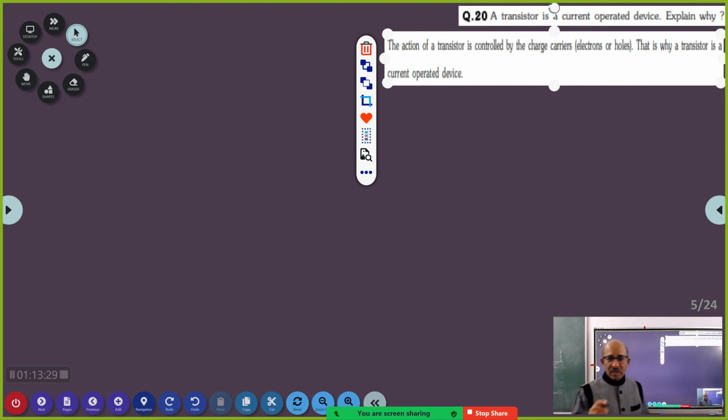Right? When the emitter-base junction is forward biased and the collector-base junction is reverse biased, in a transistor, the majority carriers in the emitter region enter the base region, and most of these majority charges in the base region become minority charges. Because of the reverse biasing of the collector-base junction, they move into the collector zone, overcoming the high resistance that exists at the collector-base junction.